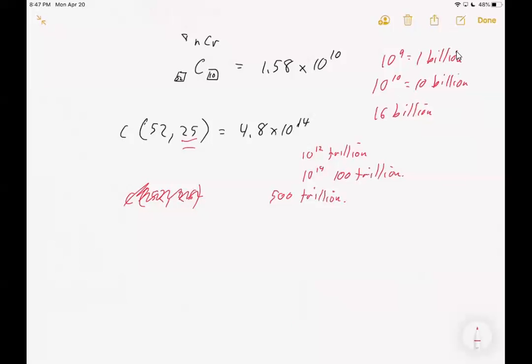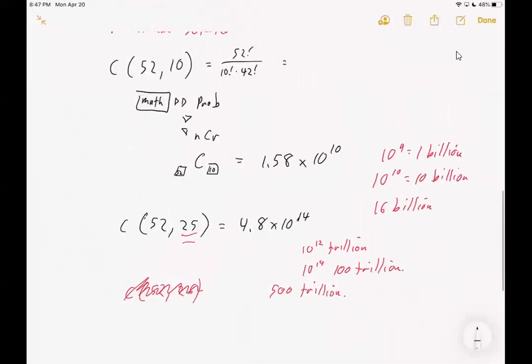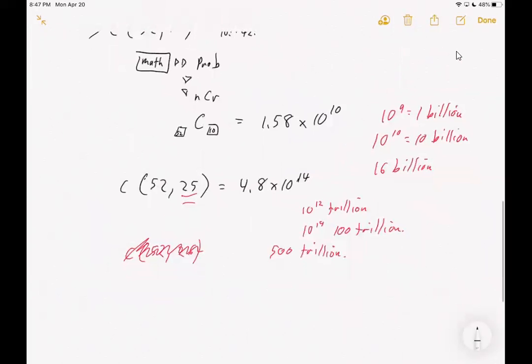What would happen if we kept on going and instead of giving out half the deck, let's do the reverse of what we did in this example right here. Instead of giving out 10 cards, let's give out all but 10 cards. So let's look at the combinations of 42 cards drawn from a 52 card deck.